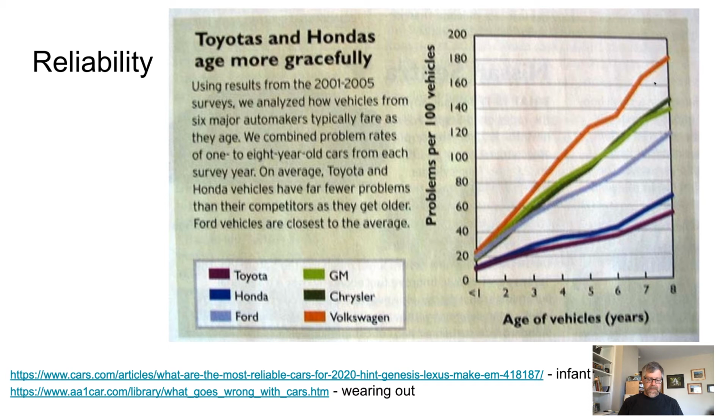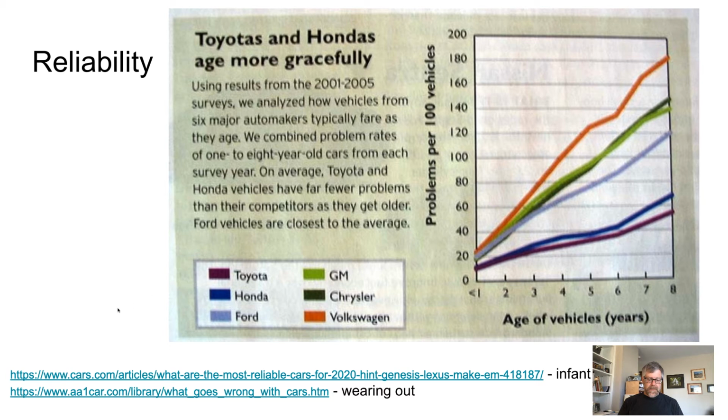And you can see that change by brand. Toyota is sort of the most reliable in terms of least number of problems per 100 vehicles. And then you have Honda, Ford, GM, Chrysler, and then Volkswagen up here. Volkswagens had some problems back in 2005, etc.